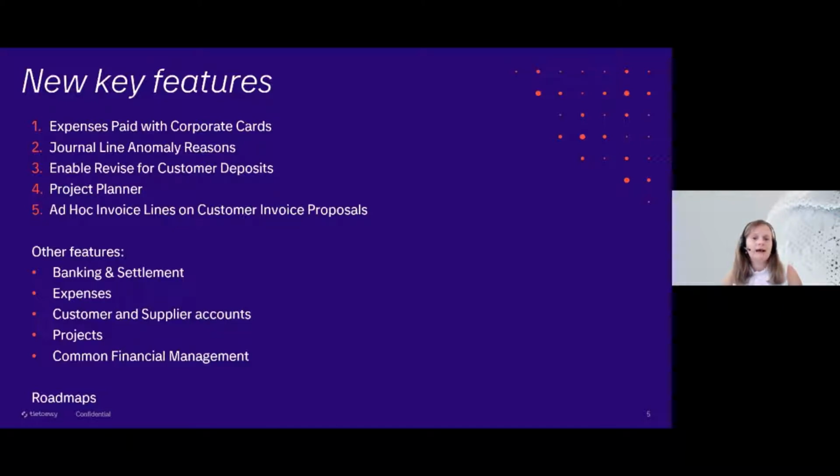But since there are quite many new features for financial management, I will try to cover in short all other features, and I have divided those under 5 different topics: banking and settlement, expenses, customer and supplier accounts, projects, and common financial management. And then the last topic on our agenda for today is roadmaps.